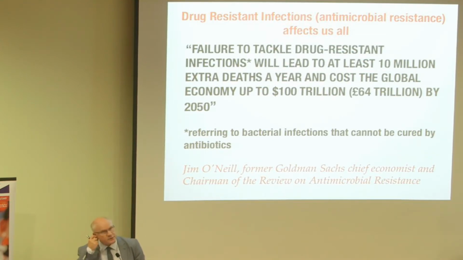So this was really interesting. This is the UK government and the Wellcome Trust commissioned Jim O'Neill to review this area, and they chose an economist to do it rather than a doctor or a scientist.